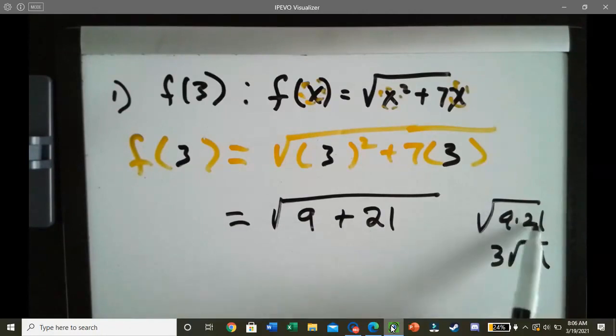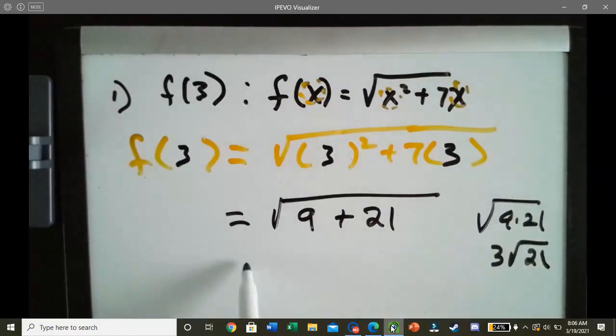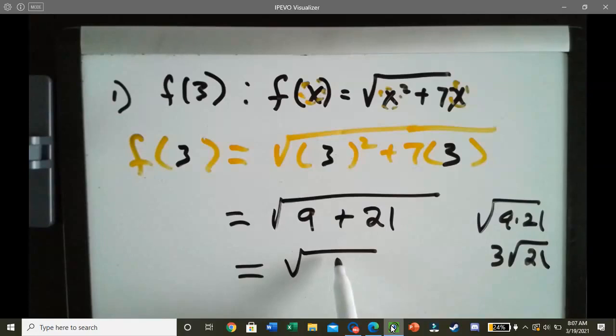This would be considered simplified. You could break that up and simplify it. So we have to add, right? 9 plus 21 would give us a square root of what? 30, right?